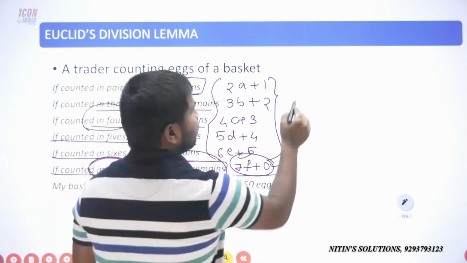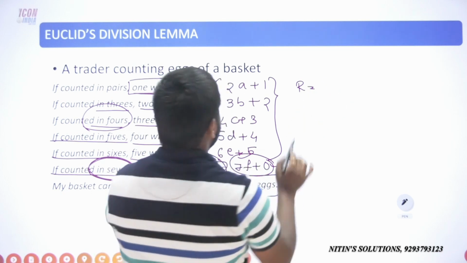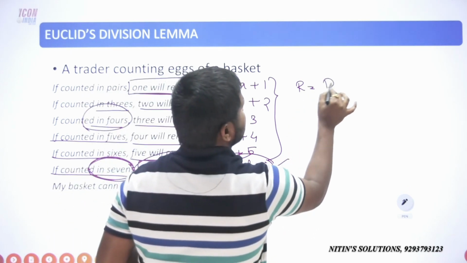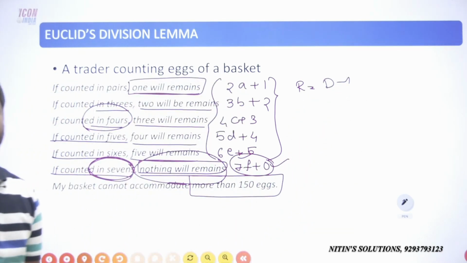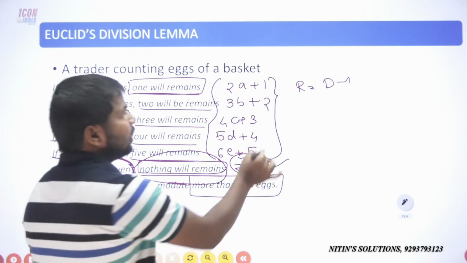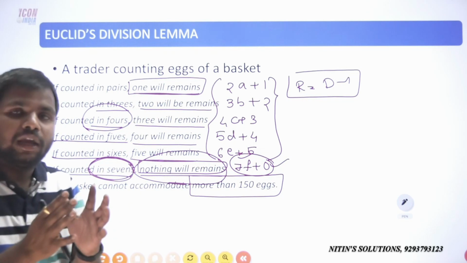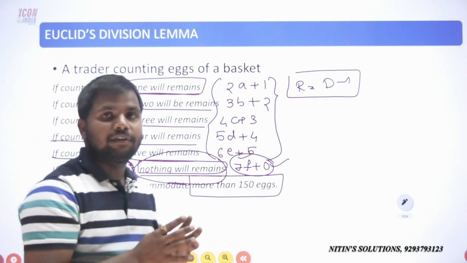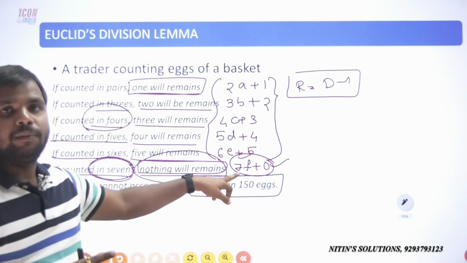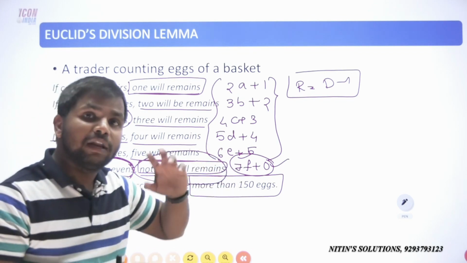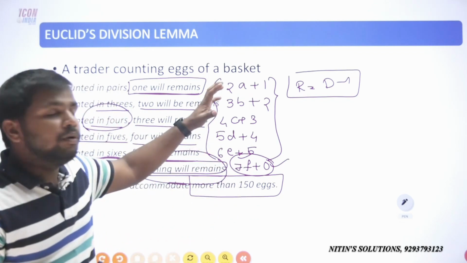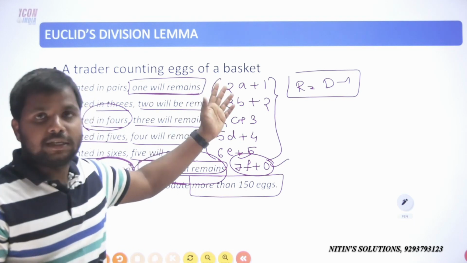So when you observe, the remainder is 1 less than the divisor, d minus 1. Now, whatever number of X we take, that should be a multiple of 7, and whenever you divide, the remainder should be 1 less than the divisor.